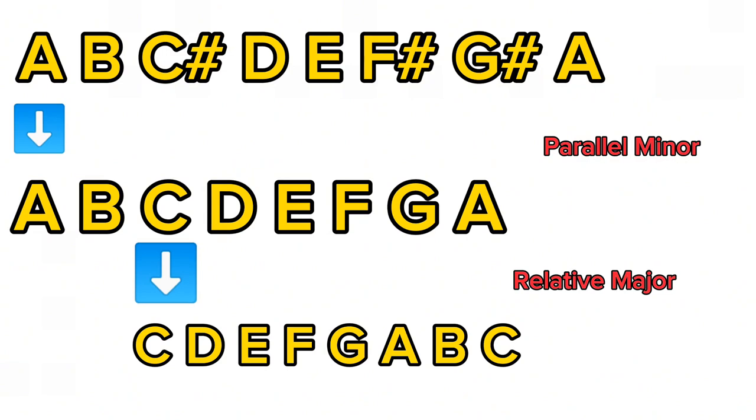There's a link between A major and A minor being parallel, and then there's a link between A minor and C major being relative. So we're picking out two chords of the same quality from two different keys.